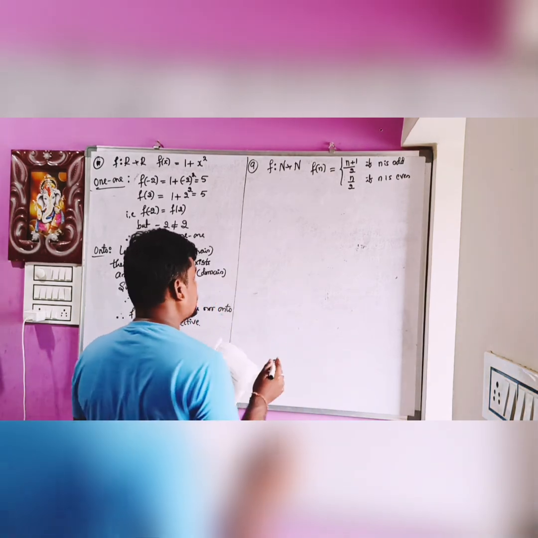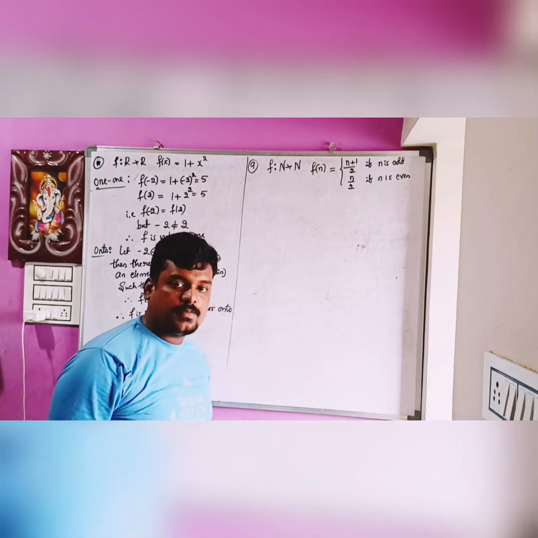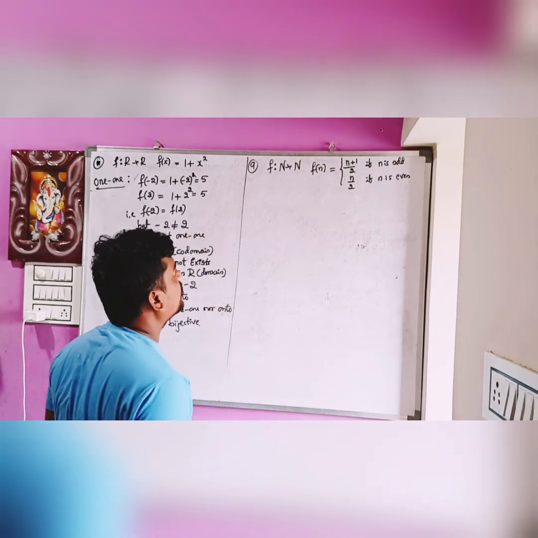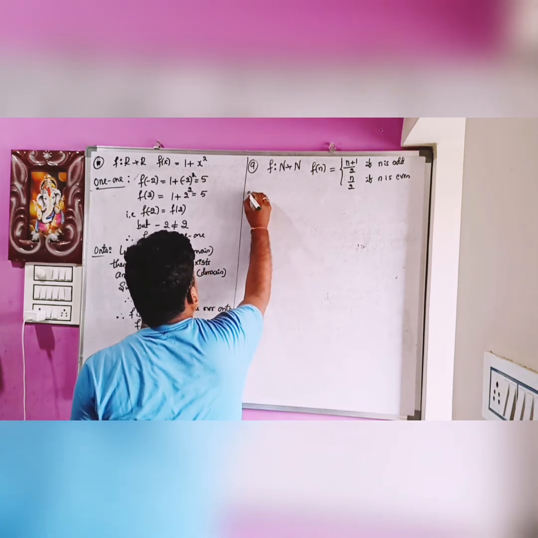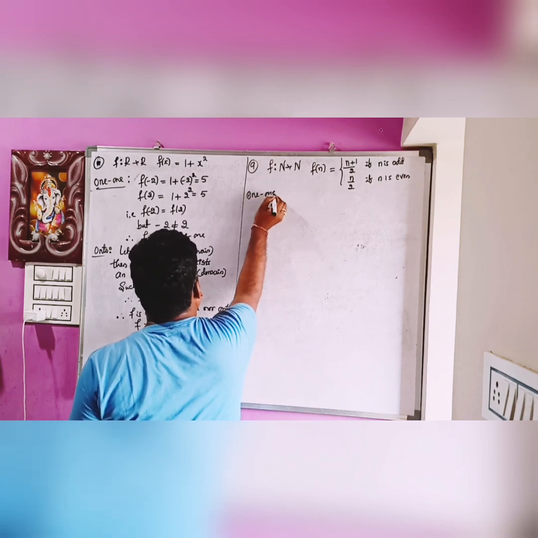State whether f is bijective. Justify your answer. See, for bijective, first we have to check one-one and onto.